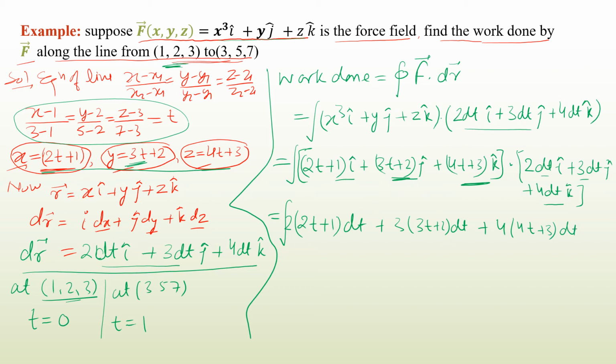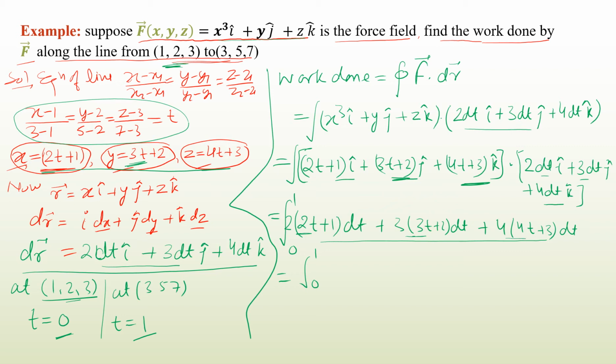Now take the limit of t varying from 0 to 1, so we write 0 to 1 and simplify.